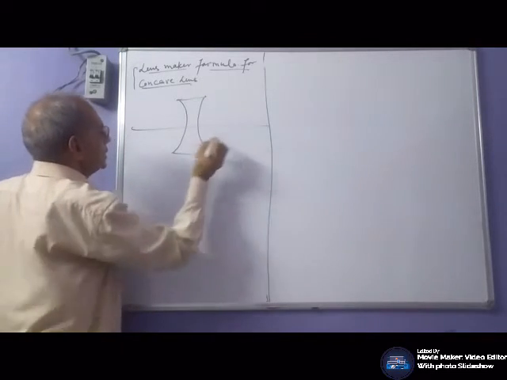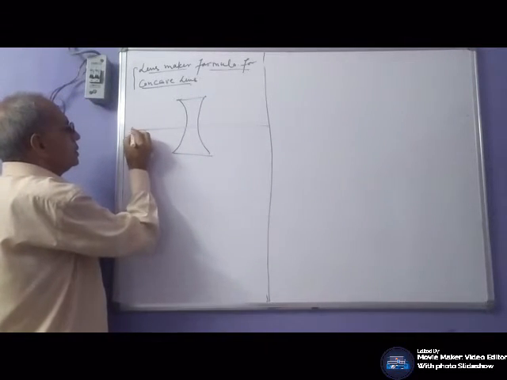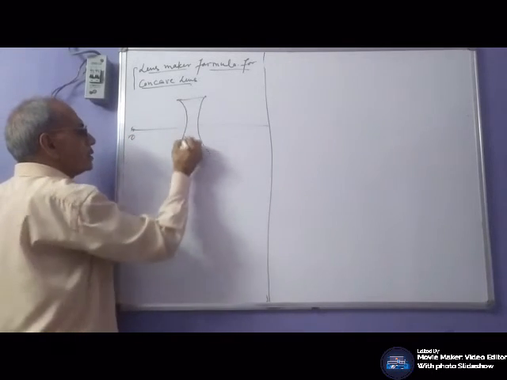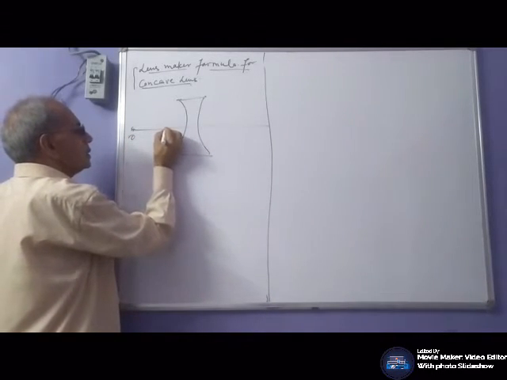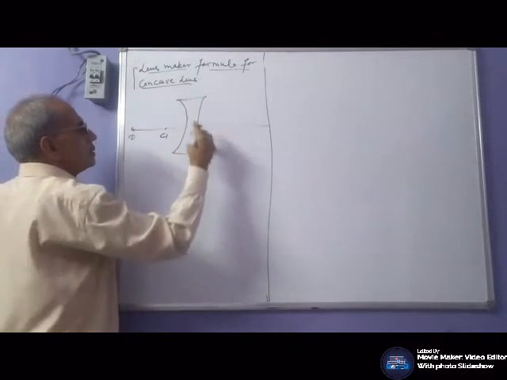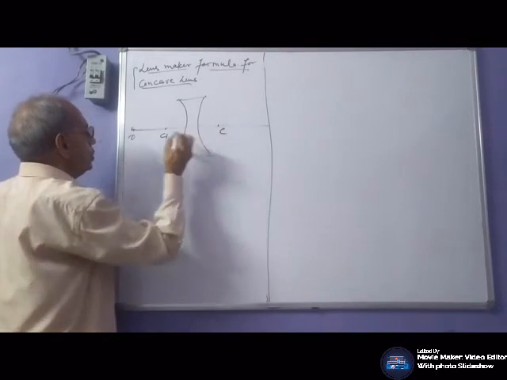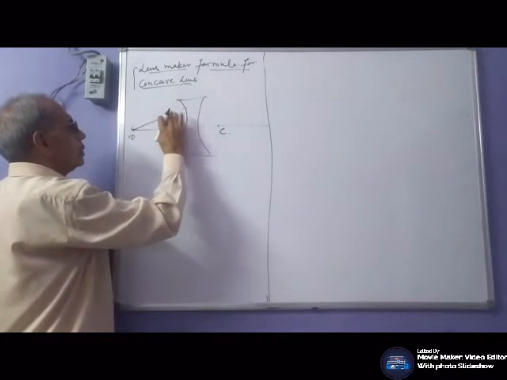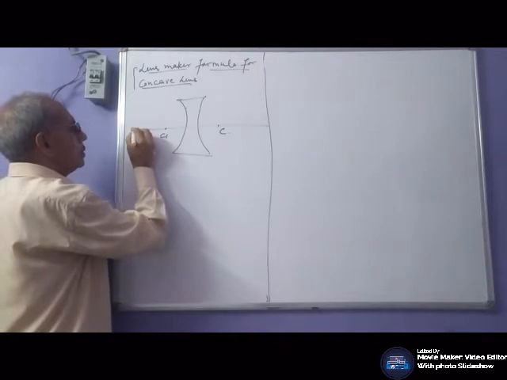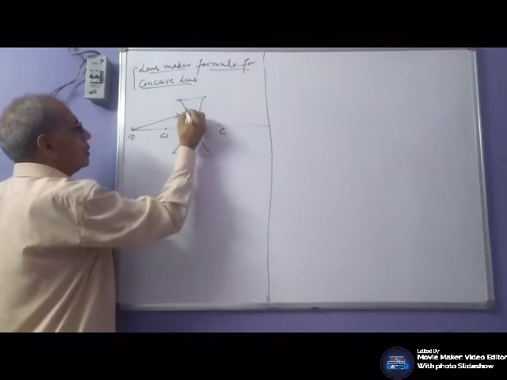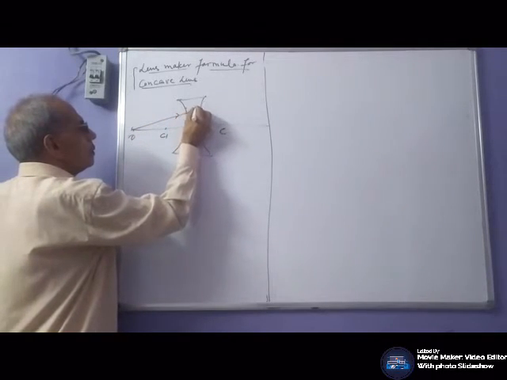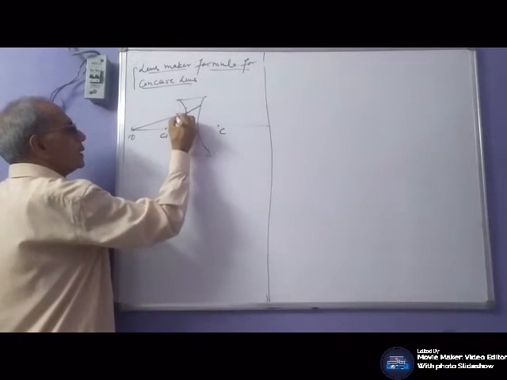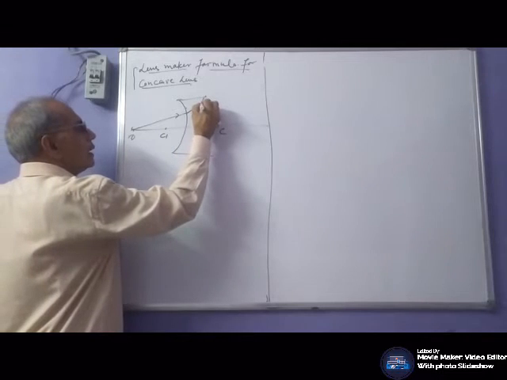This is the principal axis. This is the object. This surface, this is C1. This surface, this is C2. Bend towards normal, bend away.